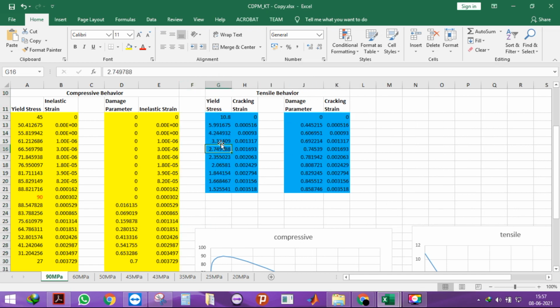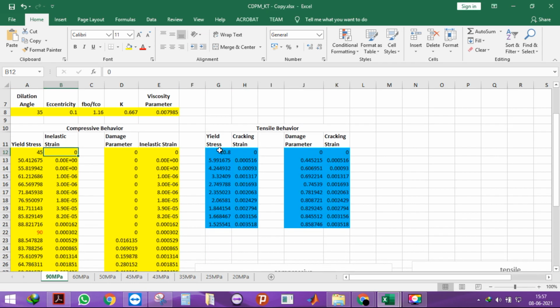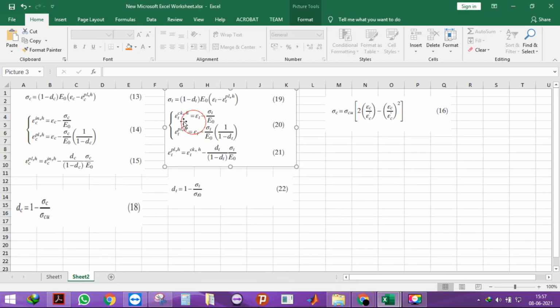Next we have to estimate the cracking strain for tensile behavior. In tensile behavior we call it cracking strain, and in compressive behavior you call it inelastic strain. If you check here, the yield stresses are again assumed, and the corresponding cracking strain is estimated using this formula, epsilon t ck h equal to epsilon t minus sigma t upon e naught, which is equation 20.